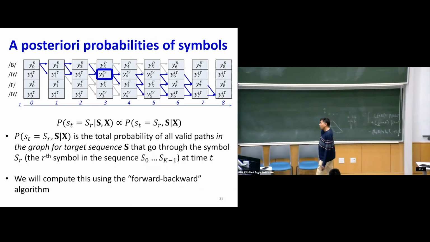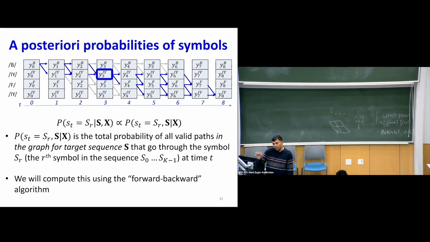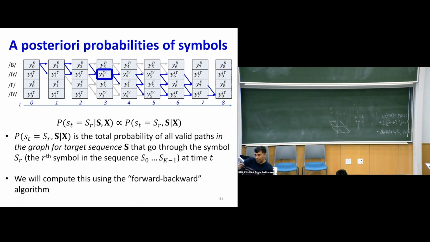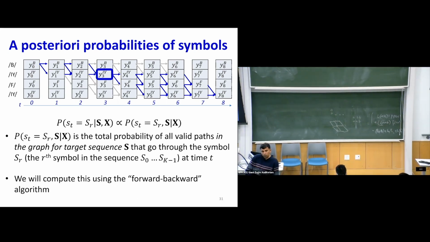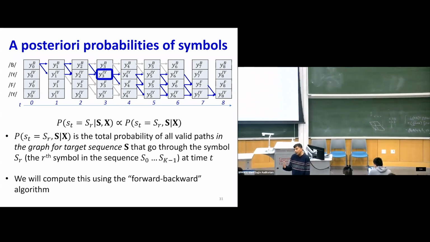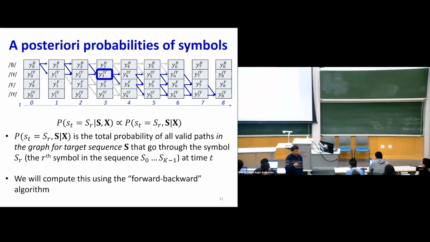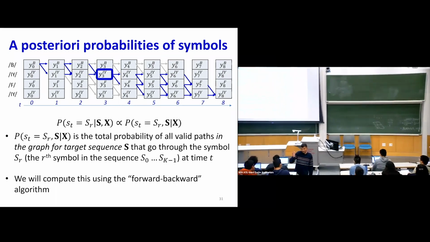So that basically is the P of S comma t given everything, that is the probability that the symbol S is aligned to the input at time t. Which means that it is the total probability of all alignments which align the symbol S to time t. Making sense, right?